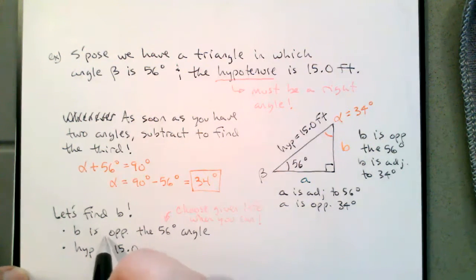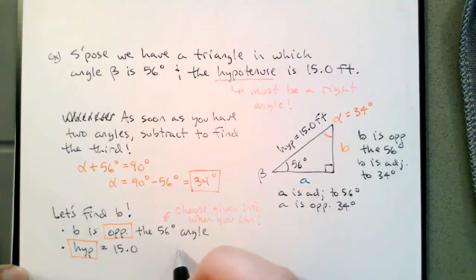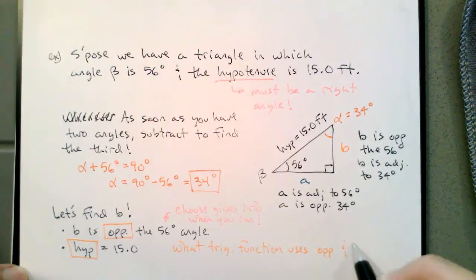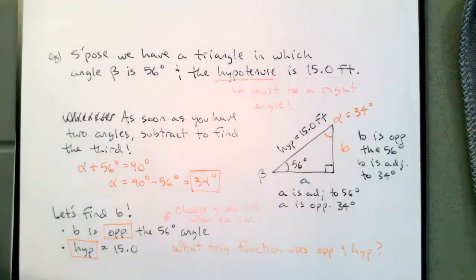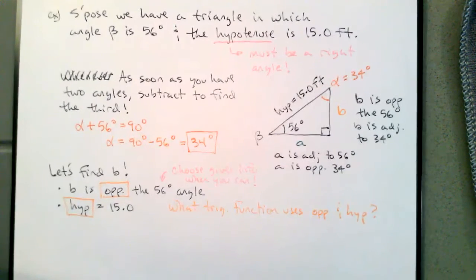I've got opposite and hypotenuse. Right. So the trig function that we want to use with opposite, since we have opposite and hypotenuse, is sine.